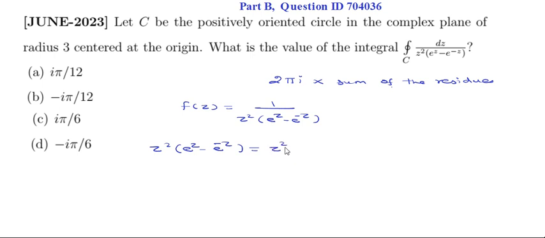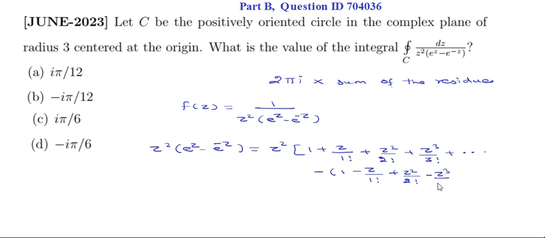We apply the series expansion for e power z, and similarly for e power minus z. So we have 1 plus z by 1 factorial plus z square by 2 factorial plus z cube by 3 factorial plus etc., minus of 1 minus z by 1 factorial plus z square by 2 factorial minus z cube by 3 factorial plus etc.